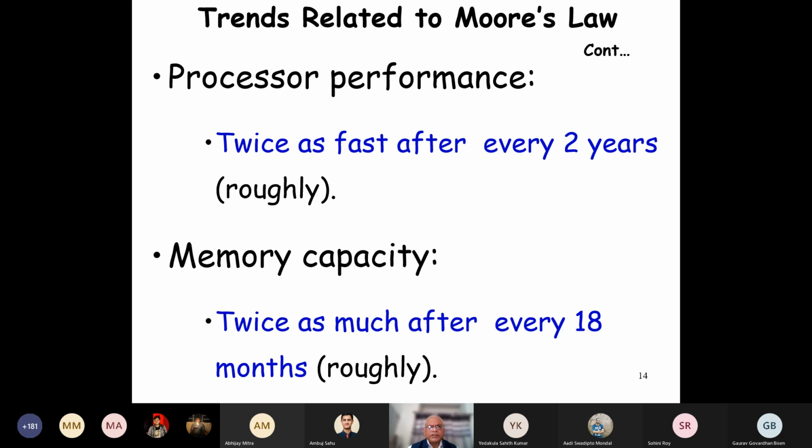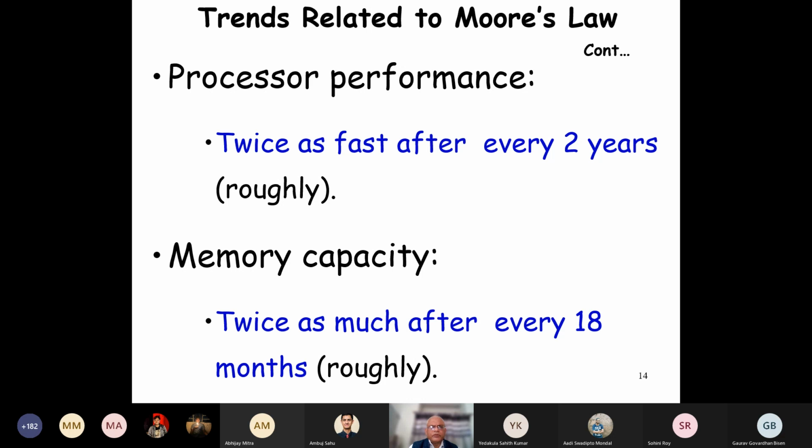But then another very fundamental question here. Let me see if anybody can answer this. The processor performance is becoming twice as fast. We will show the performance figures now. You will see that the performance is becoming almost twice every 2 years. But the memory capacity is increasing much more rapidly, twice as much after every 18 months.